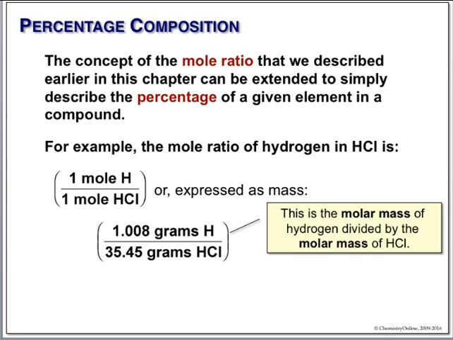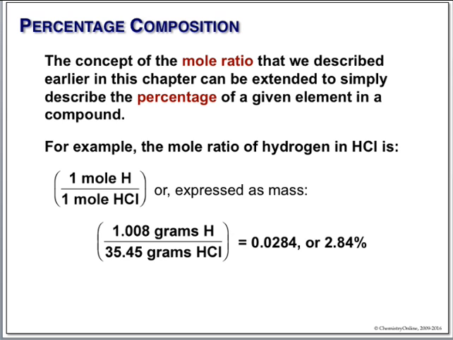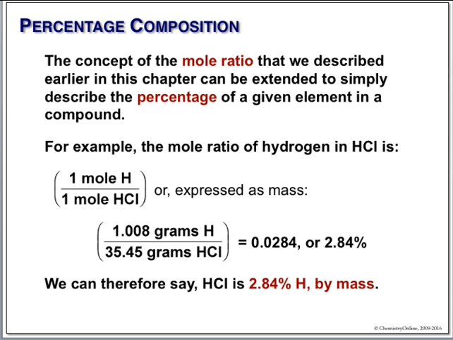Now if we take this, because these are nice numbers, and we divide them, what do we get? 1 divided by 35 is about 0.02. If we convert that into a percentage, we simply multiply it by 100 and stick on the percentage sign. We get 2.8%.